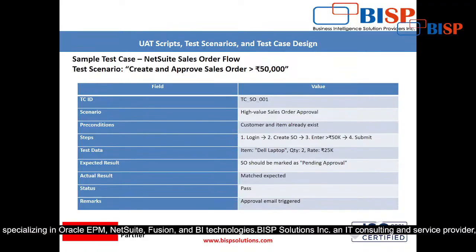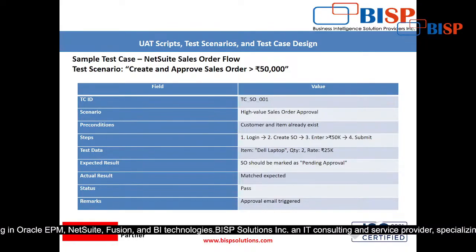In the sample example, if any field is missing, you can add that missing field also. So here also test case ID, scenario, preconditions, steps, test data, expected results, actual results, status and remarks.